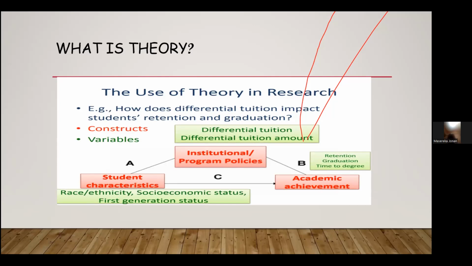So students' characteristics can include race, ethnicity, socioeconomic status, and first-generation status of individual students. Institutional or program level tuition policy can be operationalized as A, if the program has differential tuition, and B, how much the differential amount is. Finally, academic achievement in this study can be measured by retention and graduation.